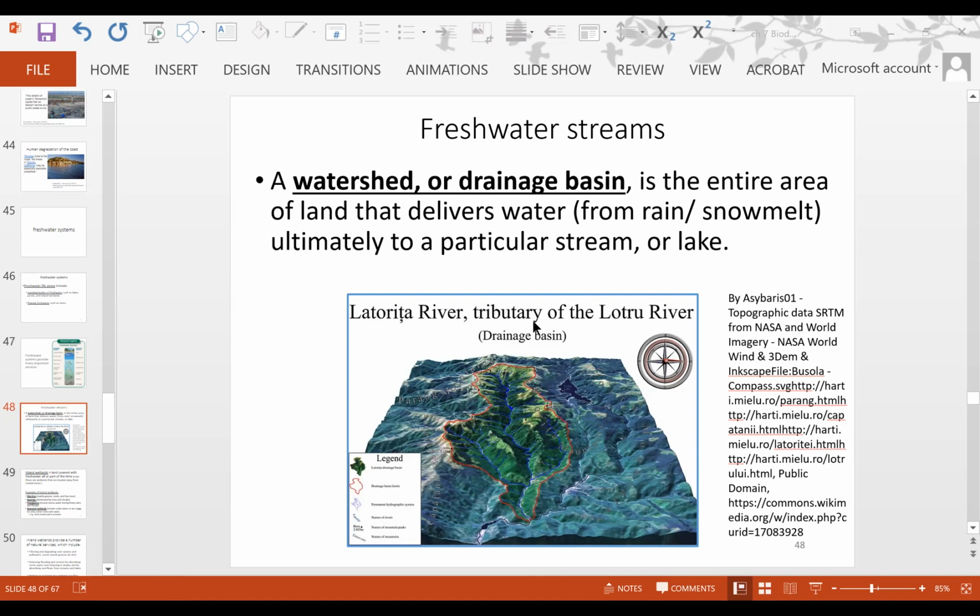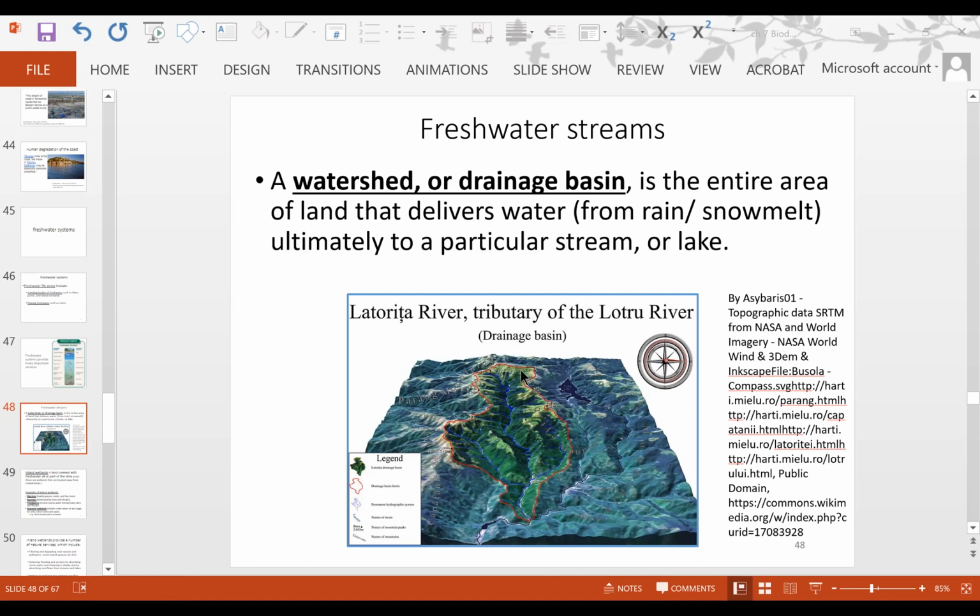But this river is a tributary of the Lotru River, which then ultimately gets all of the water from the Latarita River. So you have smaller drainage basins that feed into larger drainage basins of other rivers. And it's important to know what watershed you're within, because you know where all the pollution is going to end up.